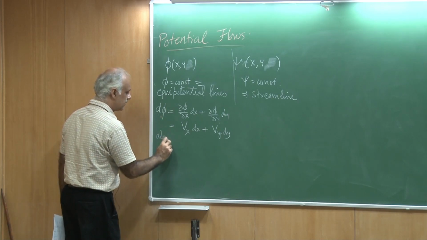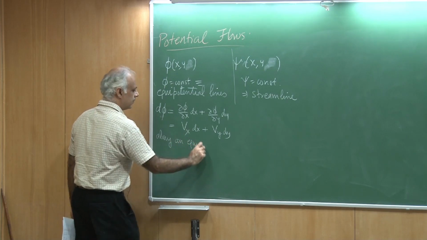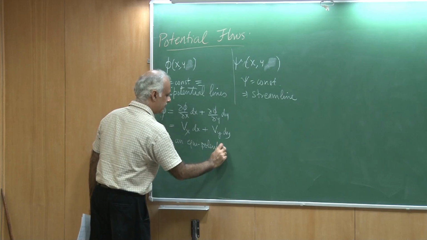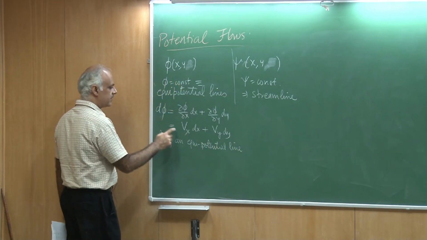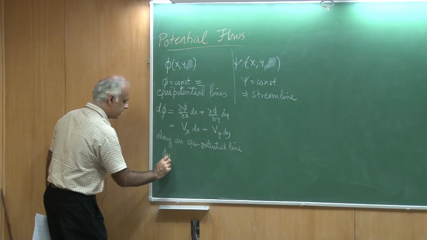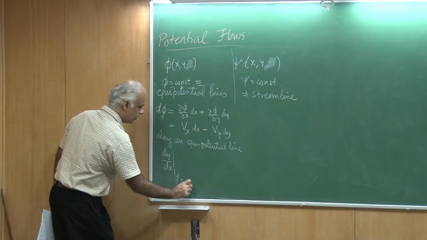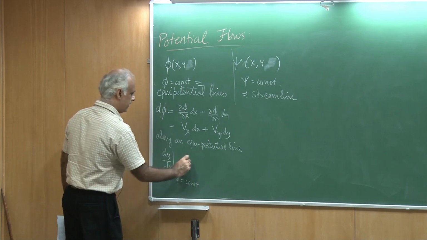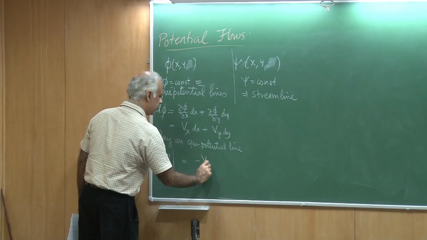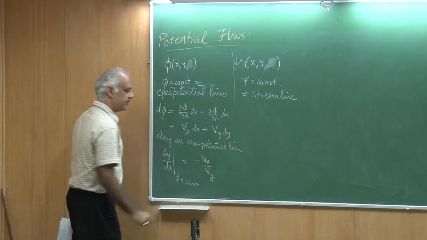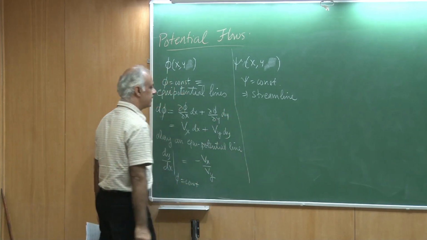So, along an equipotential line, d phi is 0, and therefore I am able to see that dy by dx for phi equal to constant is actually given as minus Vx by Vy.